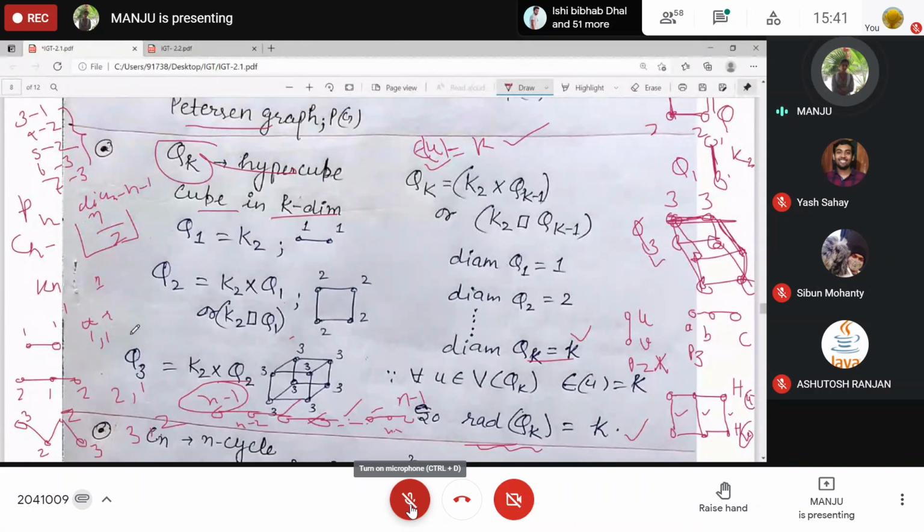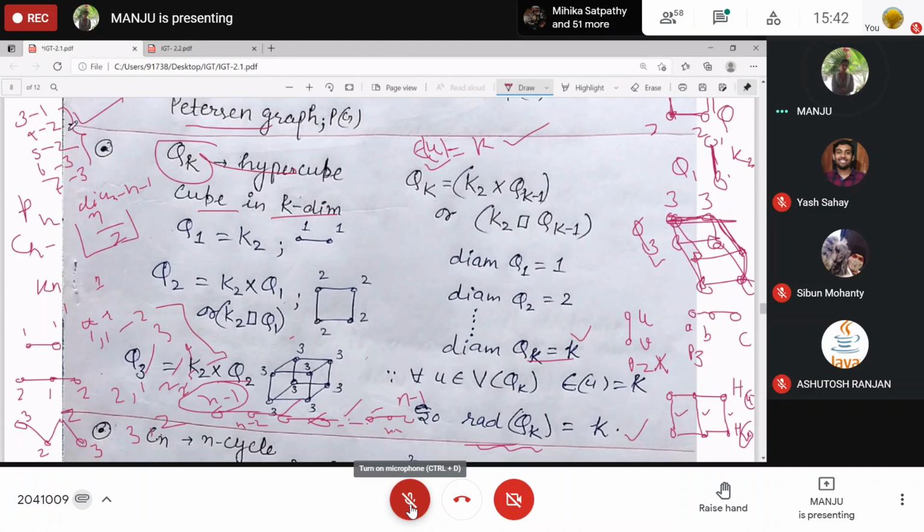Radius. For P2 it is 1. For P3 it is again 1. For 4 it is 2. For 5 it is again 2. How is it related? P2 के केस में 1 है, 3 के केस में भी 1 है, 4 and 5 के केस में 2 है, 6 and 7 के केस में it's kind of same thing.